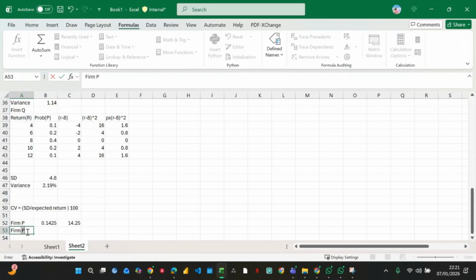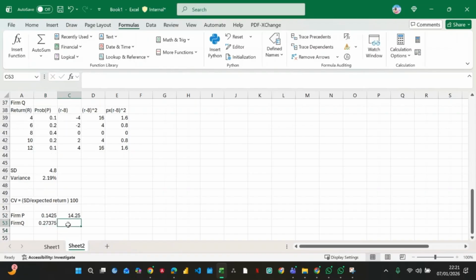For Q, the variation here is 2.19 divided by 8. This is then multiplied by 100, and we have 27 point something.